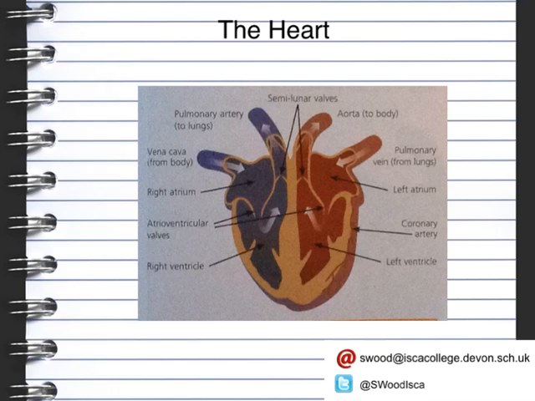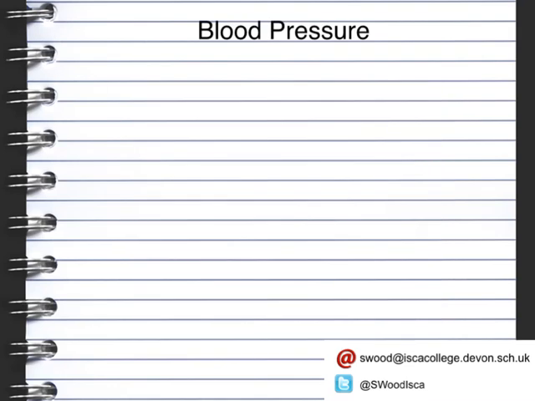The ventricles then contract to push the blood out through the top of the heart through the semilunar valves. So they open, which closes these valves so we don't get the blood going back into the atria, and then it goes out through the two parts of the heart.